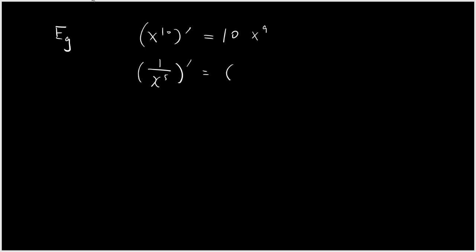Inside the brackets you have x to the power of negative 5, right? You differentiate that. Now the function is in the form of a power function. It's a particular case when n value is negative 5. The answer you are going to get is n times x to the power of n minus 1. Negative 5 minus 1 in this particular case is negative 6, right?